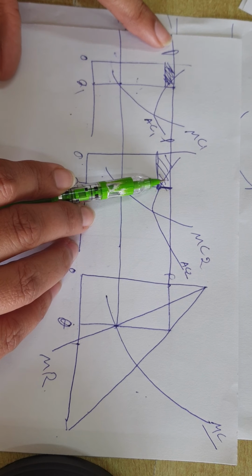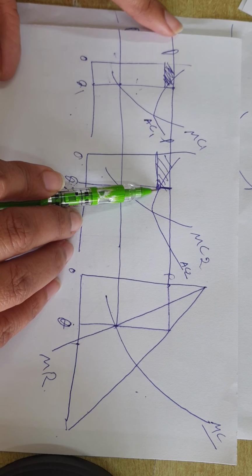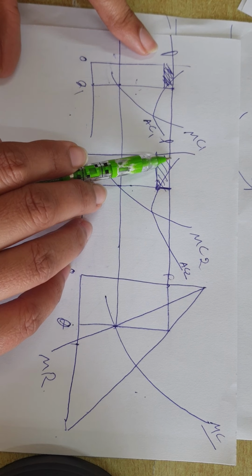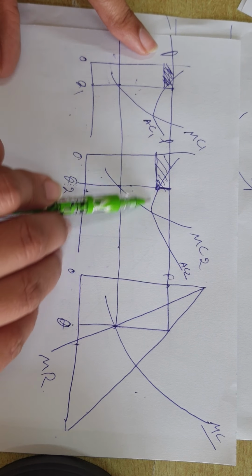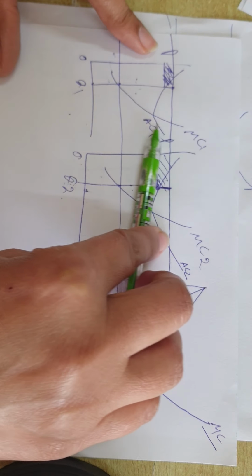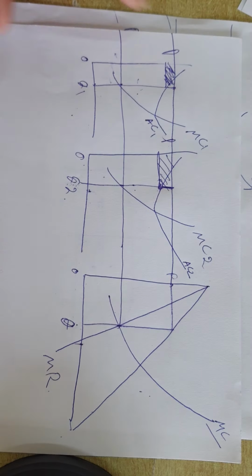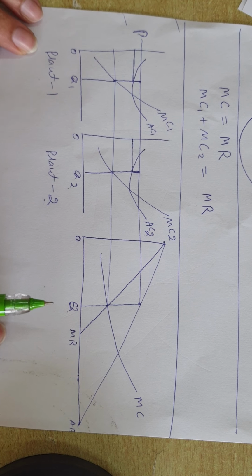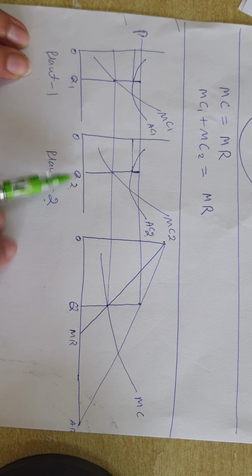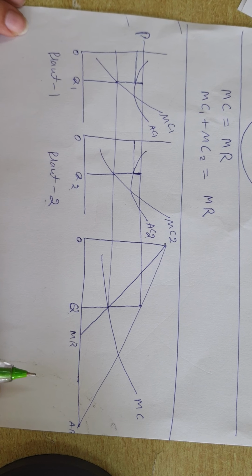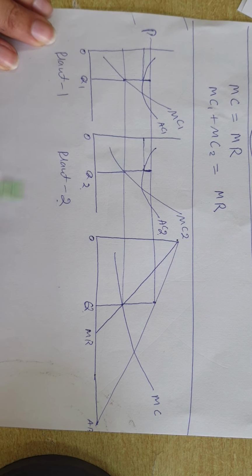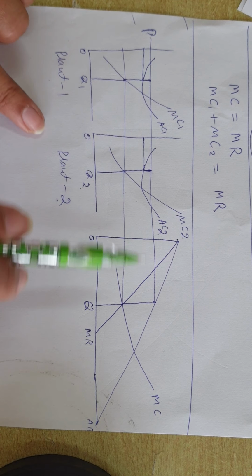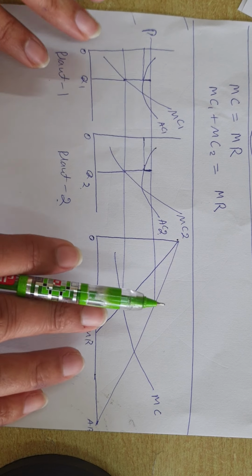Profit will depend upon the efficiency of the plant, and efficiency is shown by the average cost curve. The situation of the average cost curve, whether average cost is downward or upward, matters. Okay, so that was the process of how to draw that diagram. You can see here, this is the same diagram I have drawn, and in this way we can decide how much to produce in the first plant and how much to produce in the second plant, and the total quantity will be produced like this.